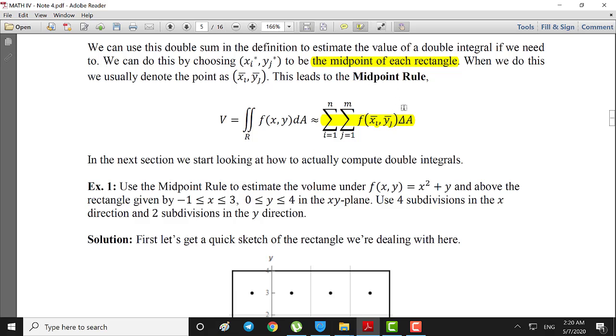And if we decide to do that, instead of writing xi star and yj star, we write xi bar and yj bar.